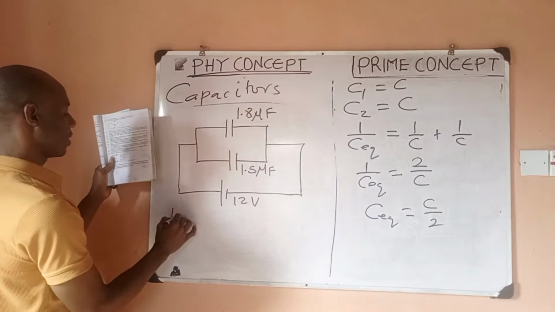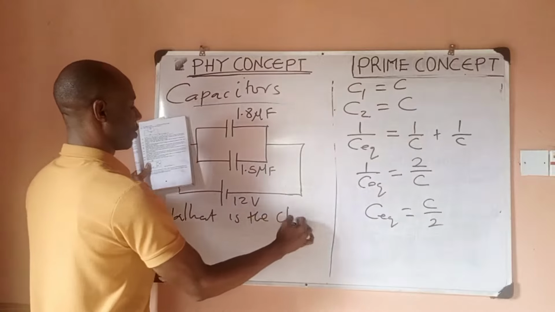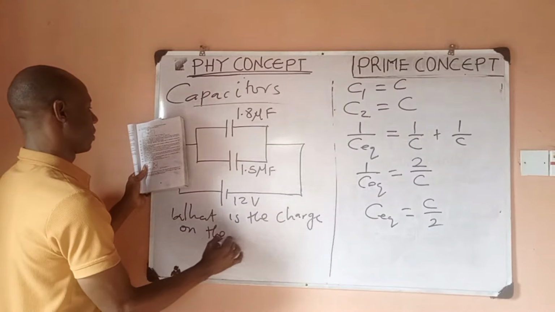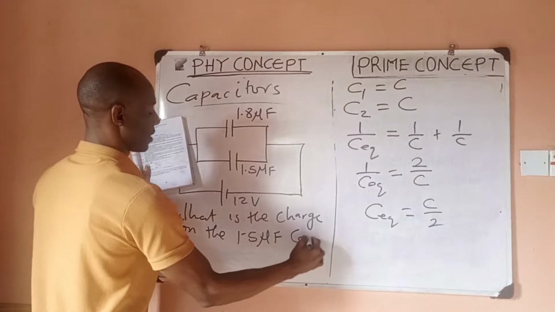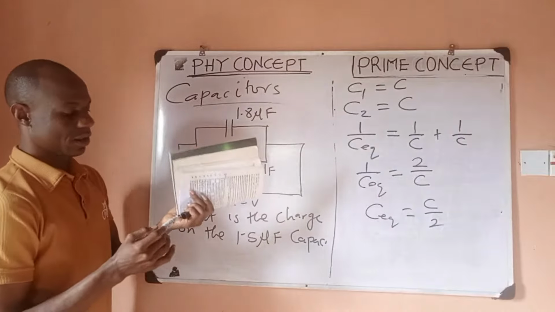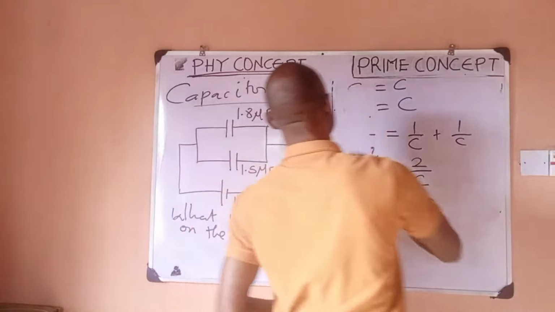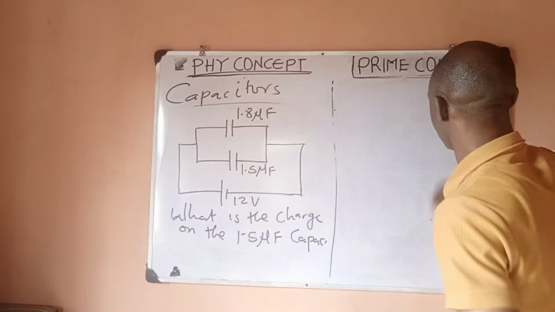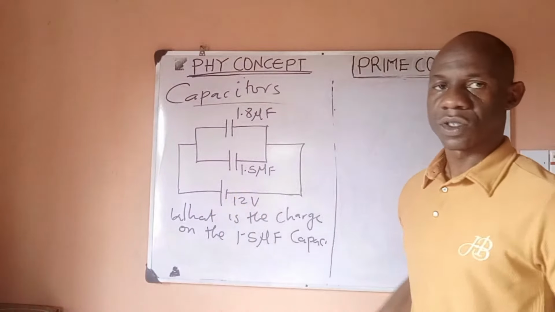And the question says, what is the charge on the 1.5 microfarad capacitor? What is the charge on the 1.5 microfarad capacitor? That is the question there. What is the charge? So I'm giving you 30 seconds to solve this.